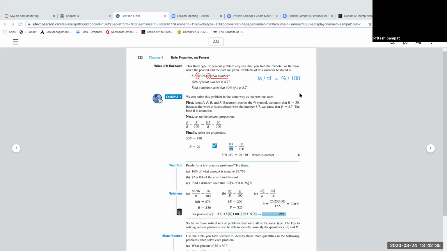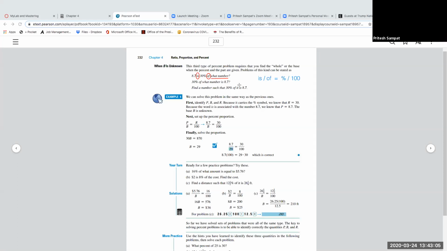So you always want to keep that in mind. And so it can get confusing on setups like this right here, 30%. And they say of it is 8.7. I mean, they're trying to throw you off and see if you fully understand, and it gets really confusing when they're presenting it this way. But you want to focus on when they're describing a particular measurement.